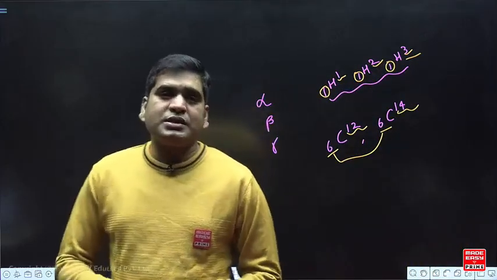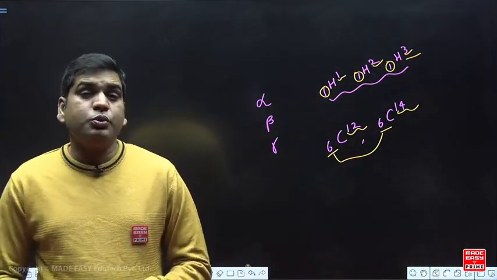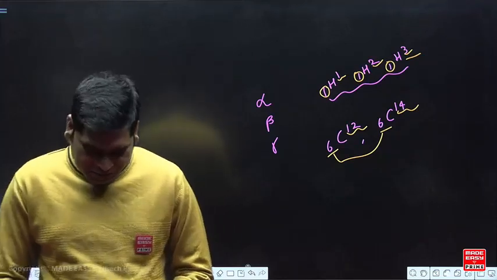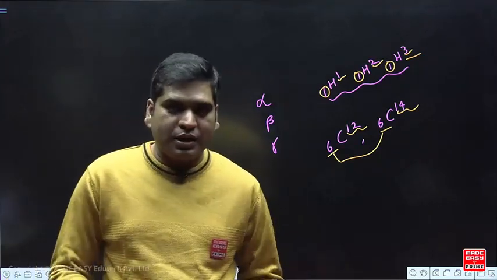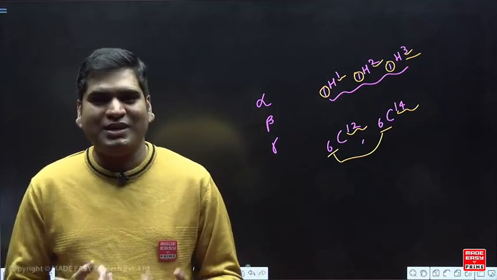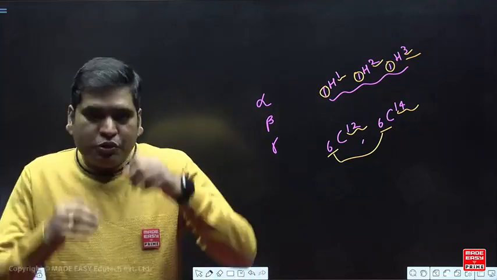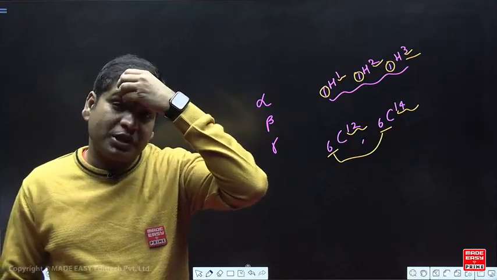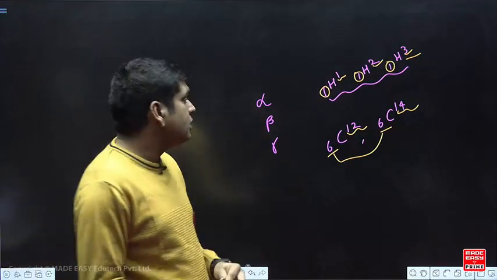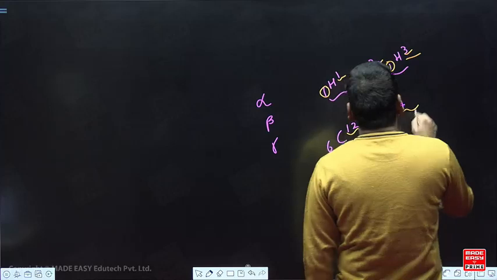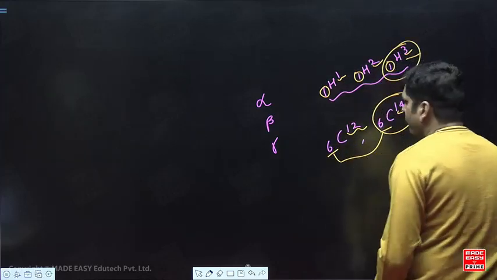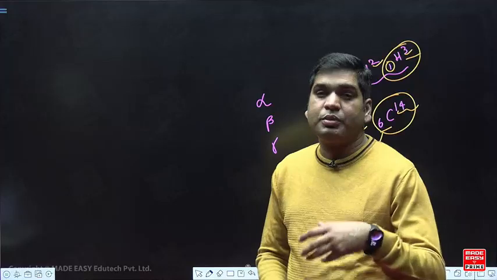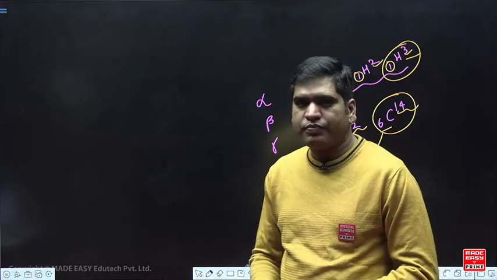If the number of neutrons in the nucleus increases, the nucleus will become unstable. If something is becoming unstable, it will have high energy. The nucleus will try to emit this energy in order to achieve stability, and that's why the elements having higher atomic weight, atomic mass, become unstable and radioactive.